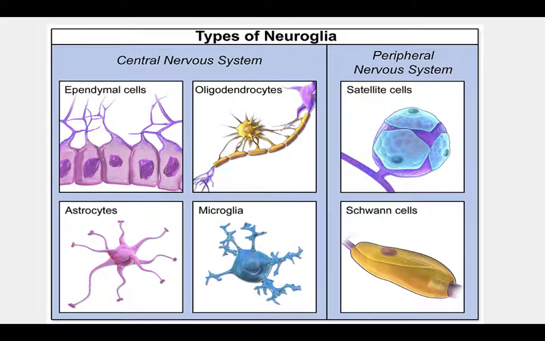Because this unit is mostly based on the central nervous system, we will only briefly discuss the glial cells of the peripheral nervous system. They are important, so be sure to take notes on them. I just want you to be aware that we're focusing on the central nervous system.